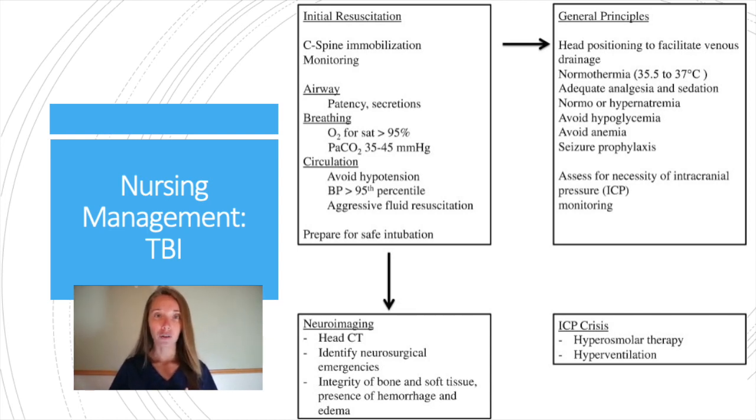We need to make sure that we are ventilating them appropriately and allowing for the excretion of CO2. And then circulation. We want to avoid systemic hypotension while at the same time avoiding increased intracranial pressure, okay?